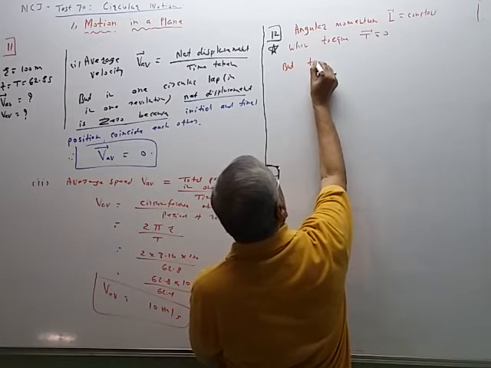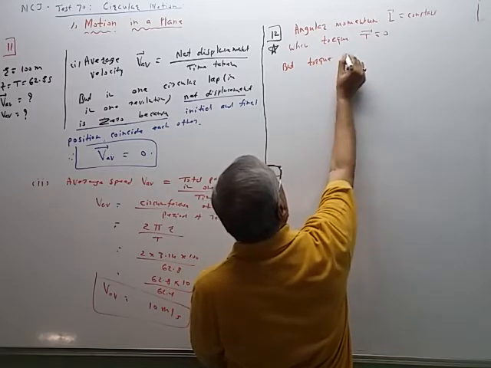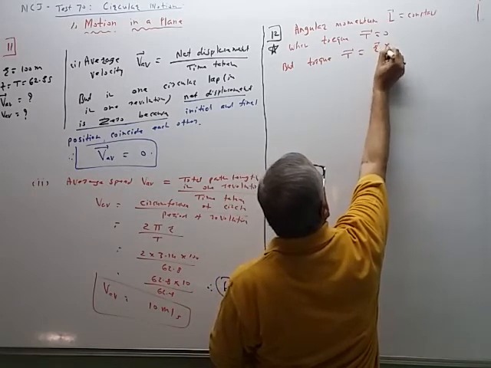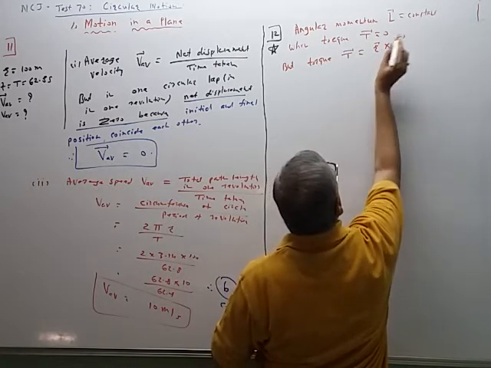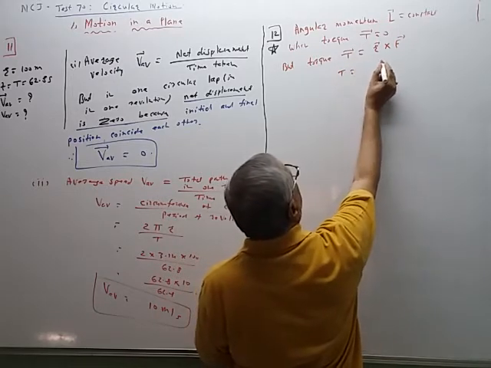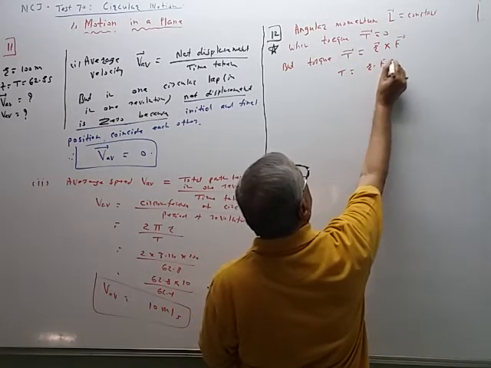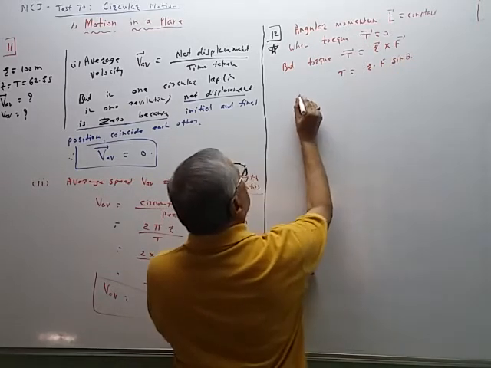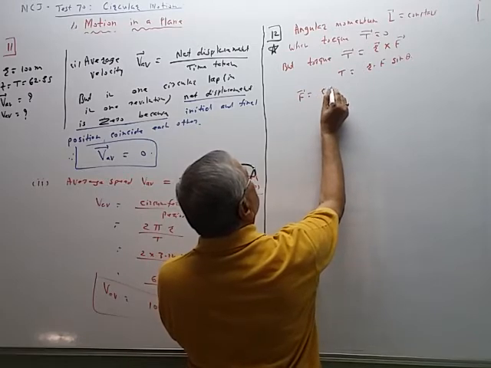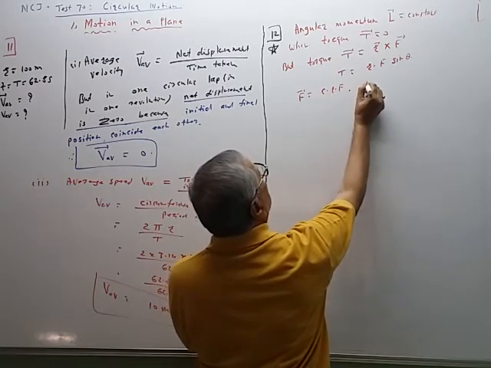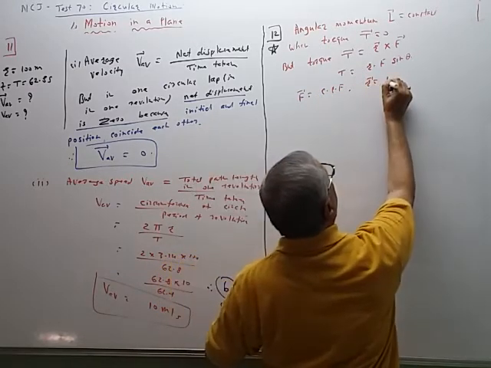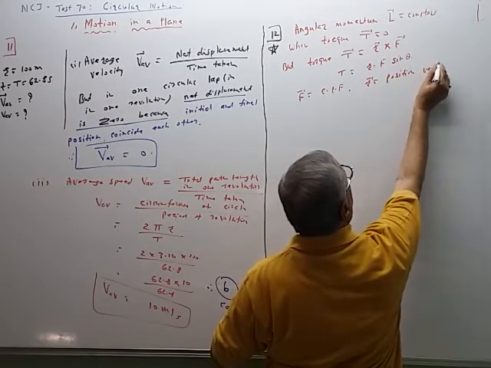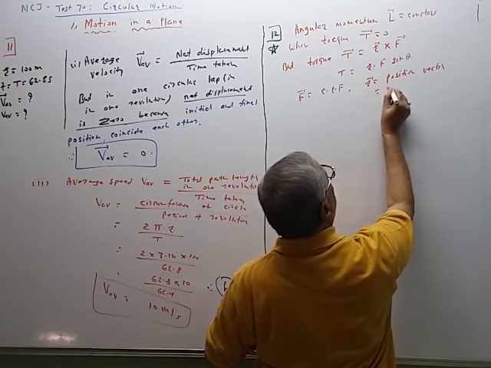But torque T is equal to R cross F. T is equal to R F sin theta. F is the centripetal force. R is the position vector or moment arm R.